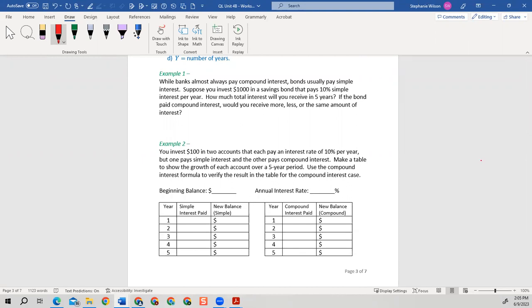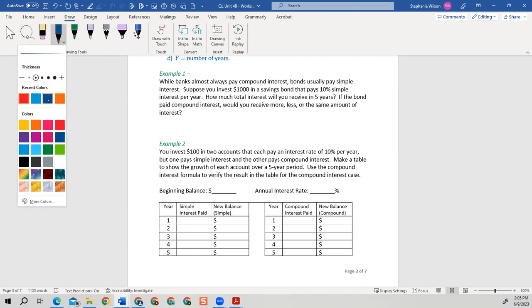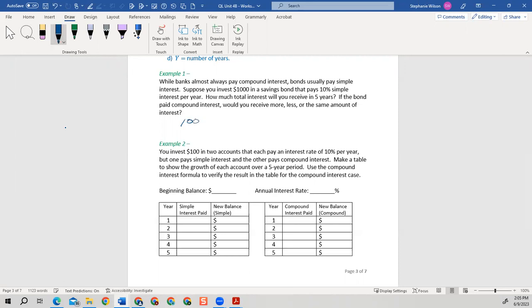So looking at this, I know if I take the $1,000 that we're going to invest and I multiply that by our 10%, of course, we need to convert that to decimal. So you can either take 10% and divide it by 100, or you can do the shortcut and move the decimal 2 places to the left.